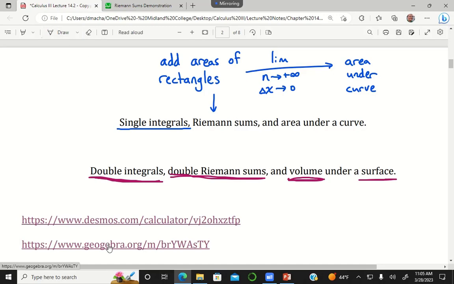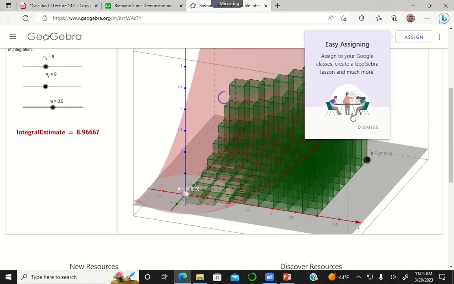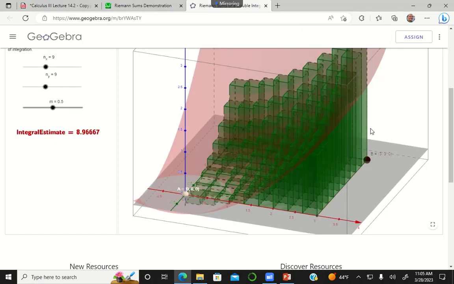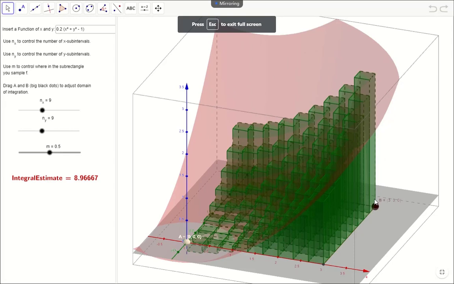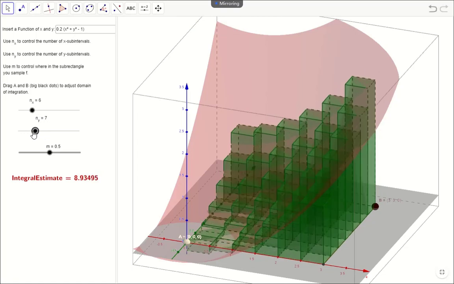So let me show you this little tool from GeoGebra. And let me set this to smaller numbers.